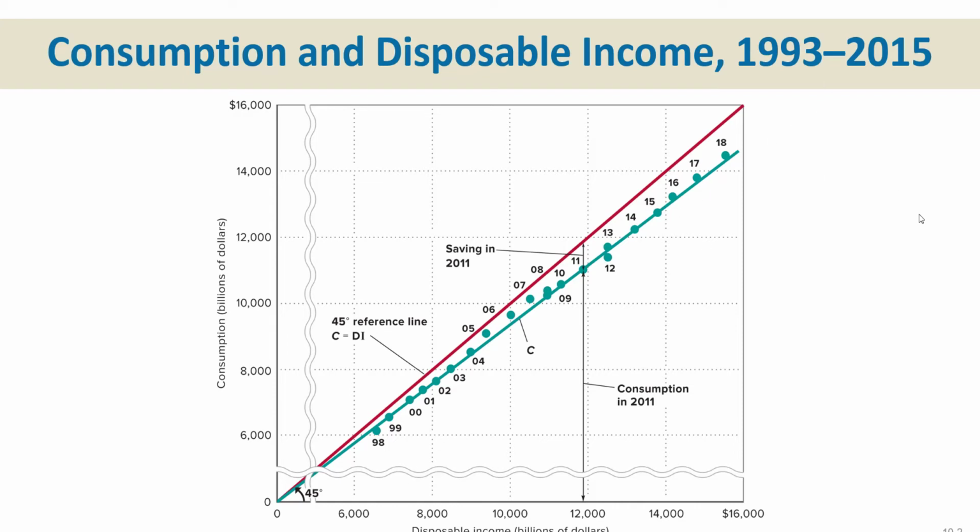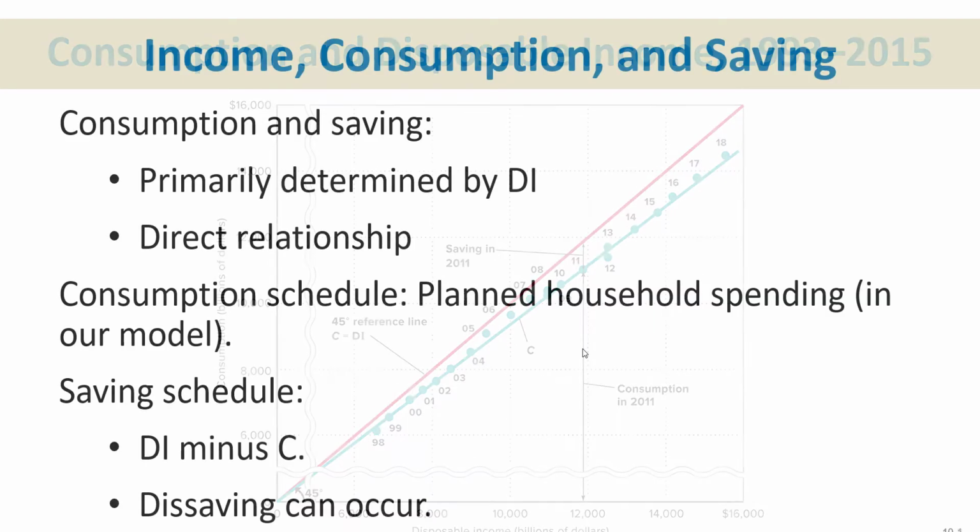What about when your income increases? What happens to your savings? Income goes up, savings also goes up. So you're also going to have a positive relationship between income and saving. So both graphs are upward sloping.